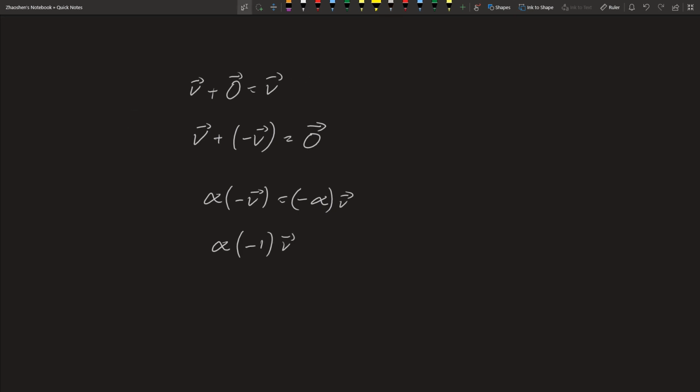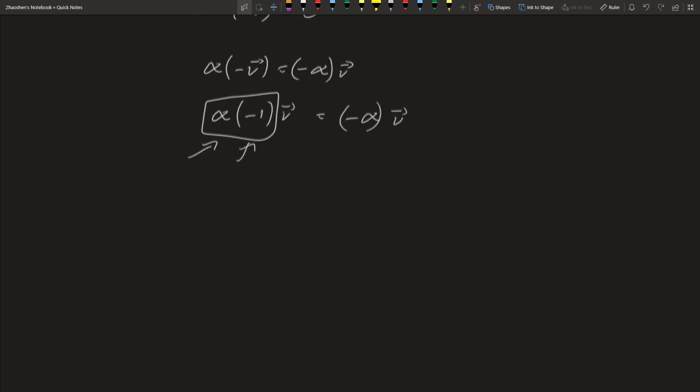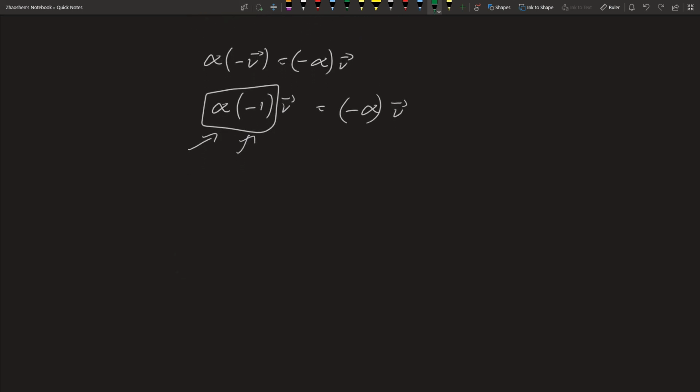Note that we haven't talked about vector multiplication yet, so we'll talk about that later, but for now, we can only multiply scalars with scalars. Those two are all scalars, right? This will be negative alpha, all multiplied by v. It's very intuitive. The last one, however, I will actually give a nice proof about.